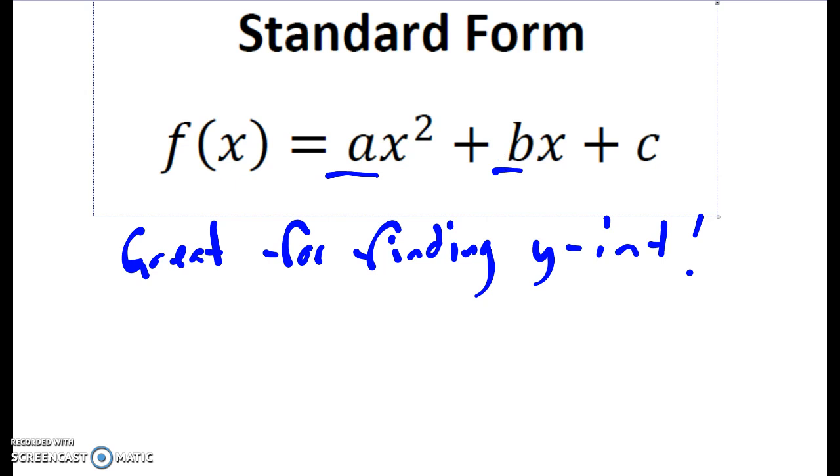So a would be acceleration that's happening on an object, b would be an initial velocity, c would be an initial location. So that's why we use that, but it's not great for actually finding features of a graph. We'd usually have to do something to modify it. And in fact, we need additional formulas usually just to do that.